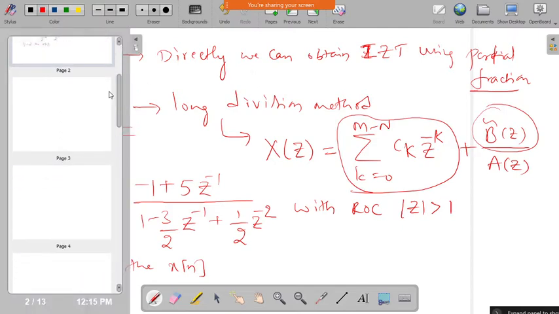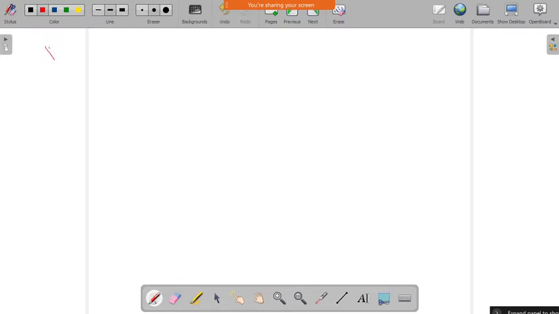So we can take this X of z, which is equal to minus 1 plus 5 z inverse divided by 1 minus 3 by 2 into z power minus 1 plus 1 by 2 z power minus 2. Okay.